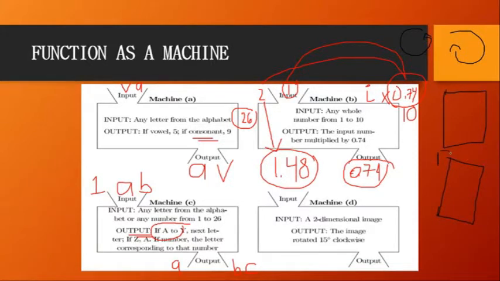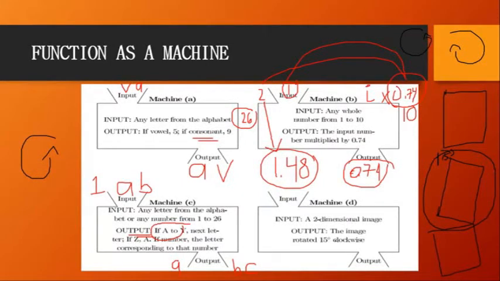Pag ni-rotate natin yan, 15 degrees, ganito yung magiging itsura niya. Tama? Hindi naman siya pwedeng pag ganito kasi pabaliktad na yan. That is counterclockwise. So, ibig sabihin, kung meron tayong two-dimensional image, ito lang yung magiging itsura niyan. Okay? Rotated 15 degrees clockwise.